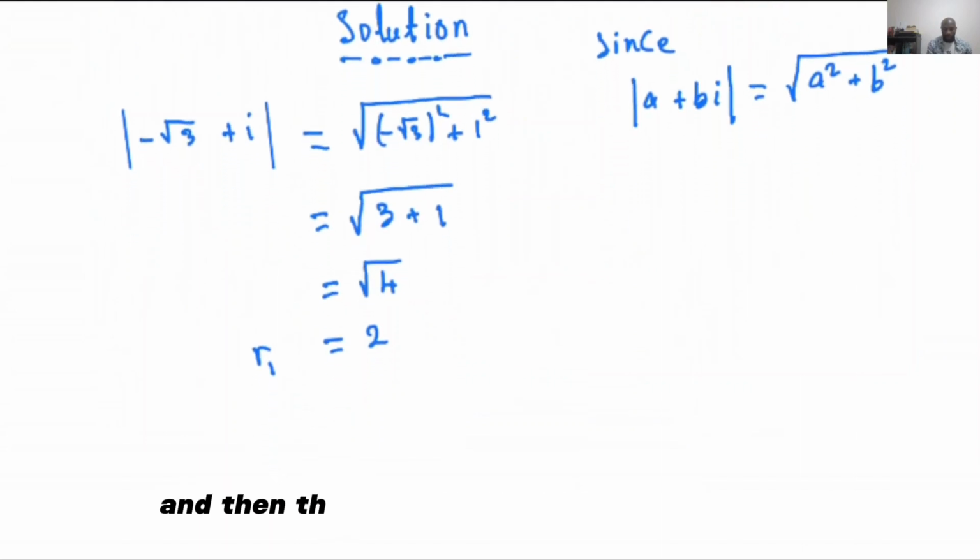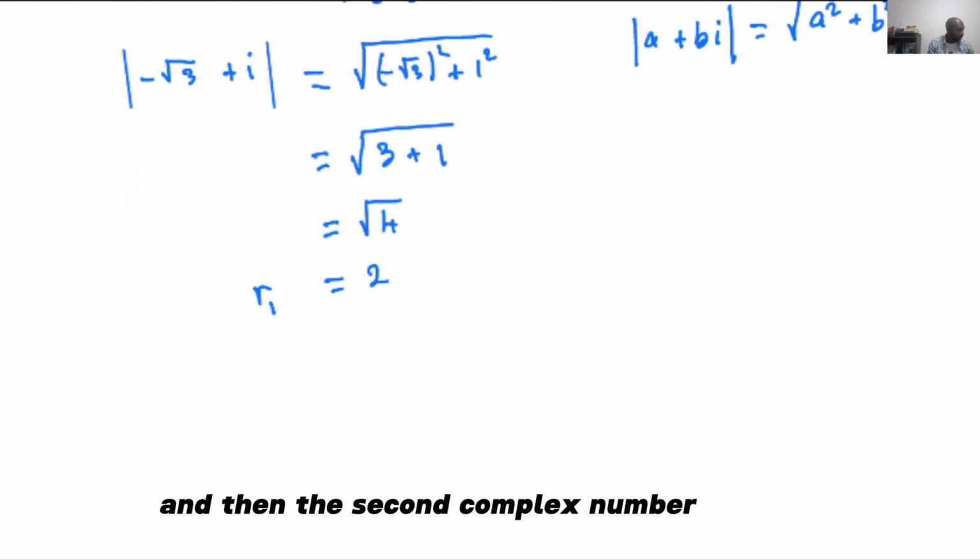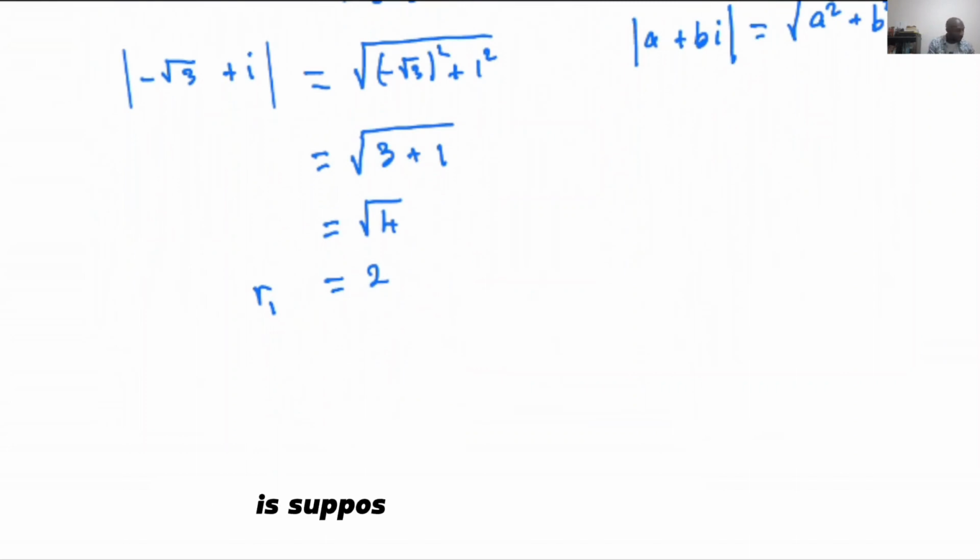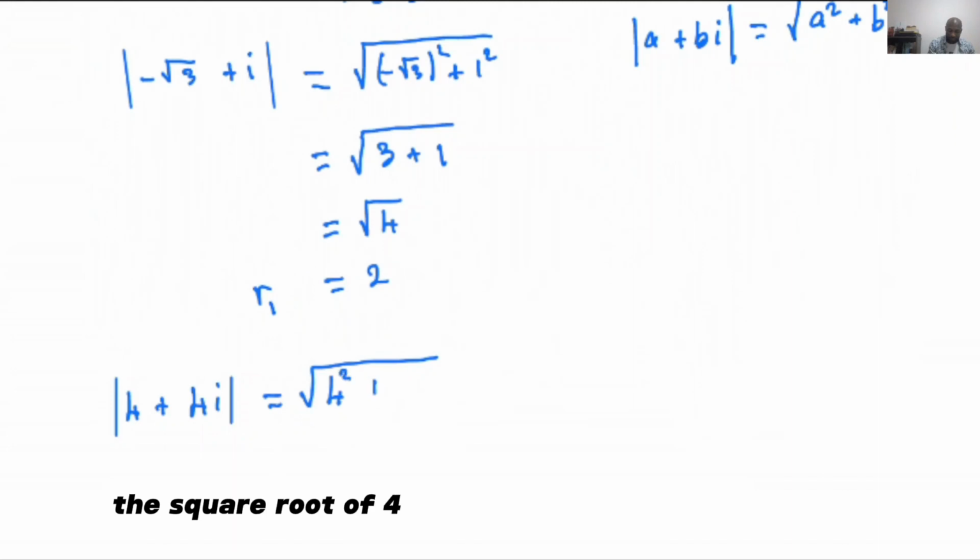And then the second complex number is supposed to be 4 plus 4i. So the modulus of 4 plus 4i is equal to the square root of 4 squared plus 4 squared.